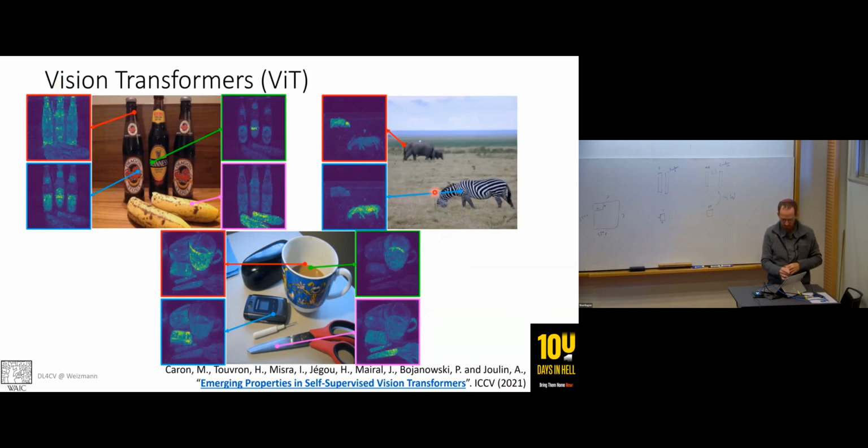And again, if we have zebras and elephants in the safari, zebra patches attend more to the zebra, the elephants attend more to the elephant, and they attend more to foreground rather than background patches. There you're using a huge amount of patches, right?